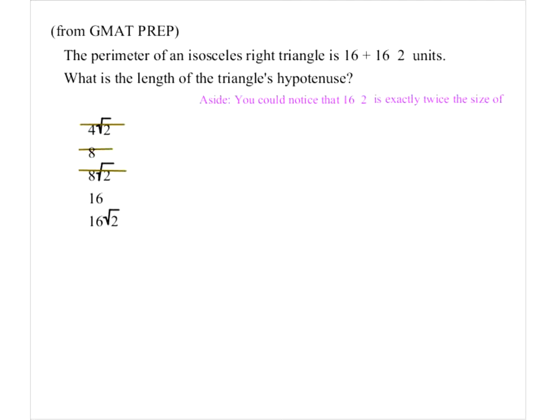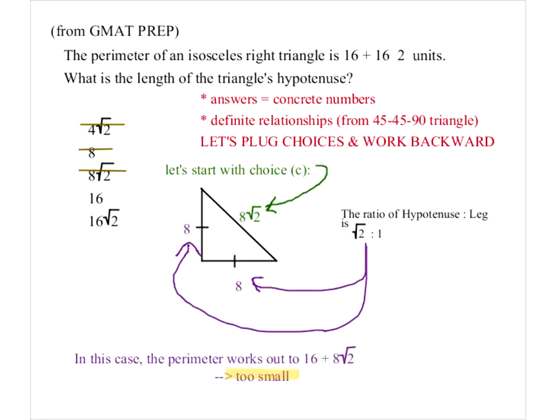Therefore, you'll get a perimeter that is exactly twice the perimeter we just got, which would be 16, because the perimeter we got last time was 16 plus 8 square roots of 2.